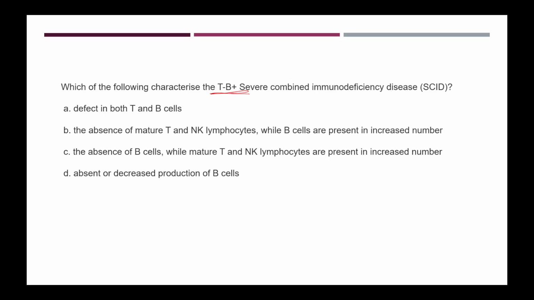Defect in both T and B? Sorry, no? Yeah. Then B, the absence of mature T and NK lymphocytes while B cells are present in increased number.